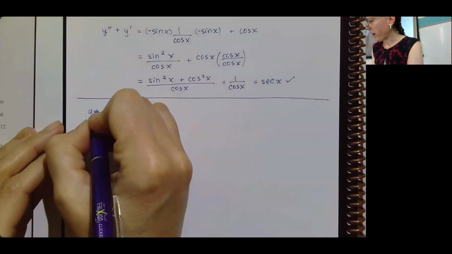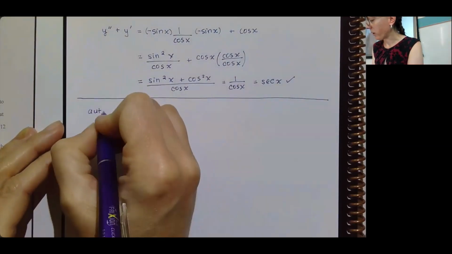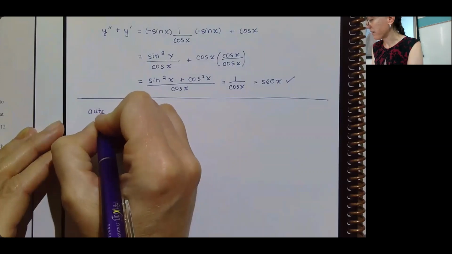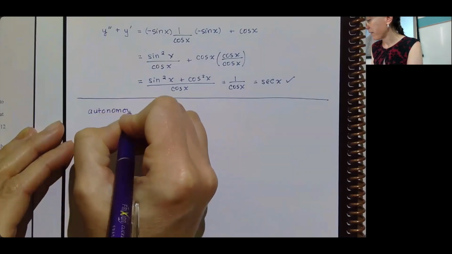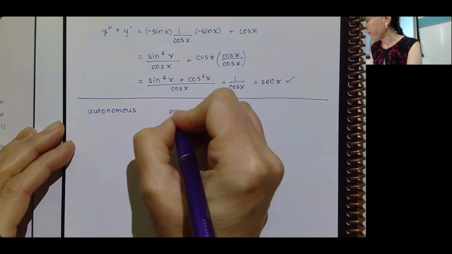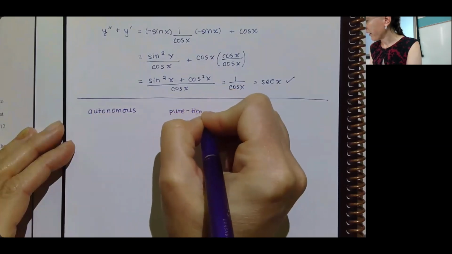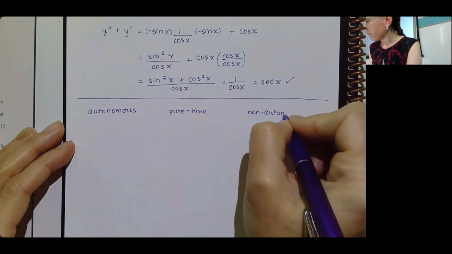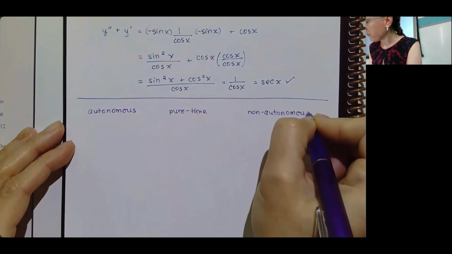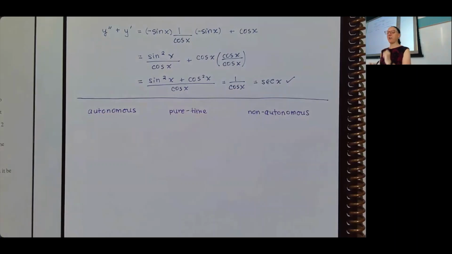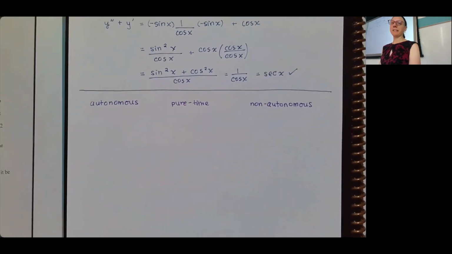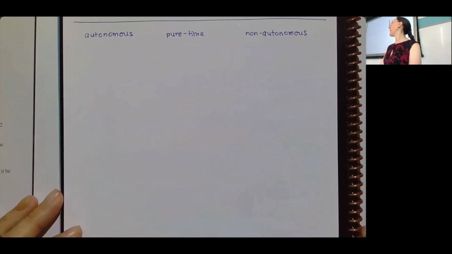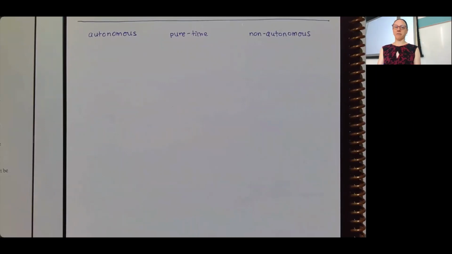And so we put them into the categories of autonomous, pure time, and non-autonomous. And I will say there are some differential equations that fit both of these buckets. But let's talk a little bit about how we can quickly classify a differential equation.